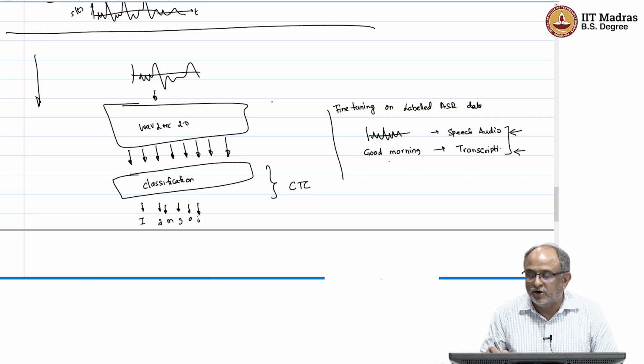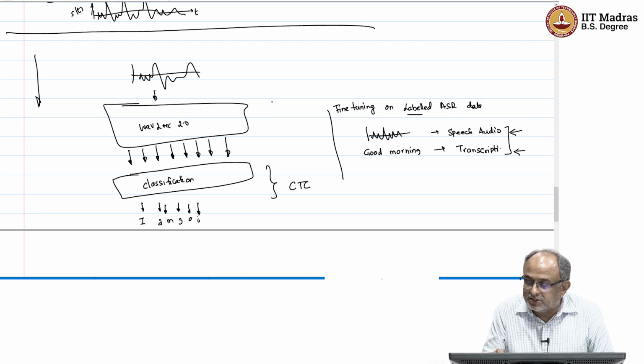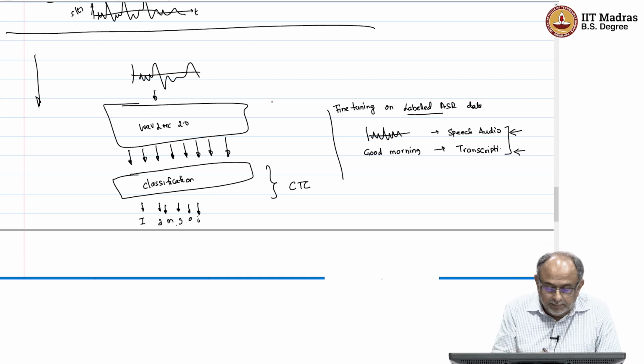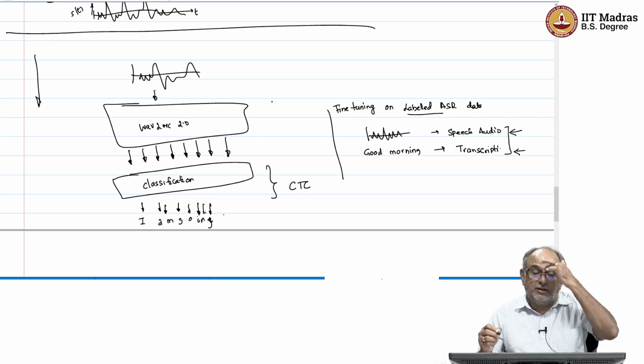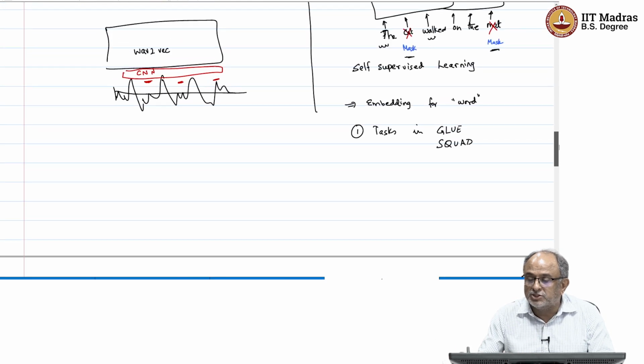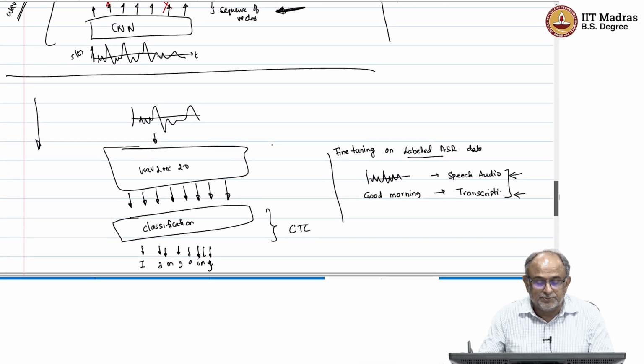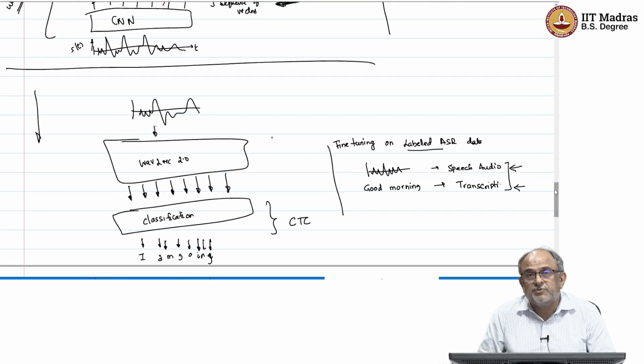Somebody has figured out what you said and typed it out, and this is done on a small amount of labeled data. We train the network, and this is called the fine tuning step. Just like how BERT pre-training makes the downstream task performance much better, the ASR performance using this pre-trained model works very well when we have very limited amount of data. So, this is the basic idea.